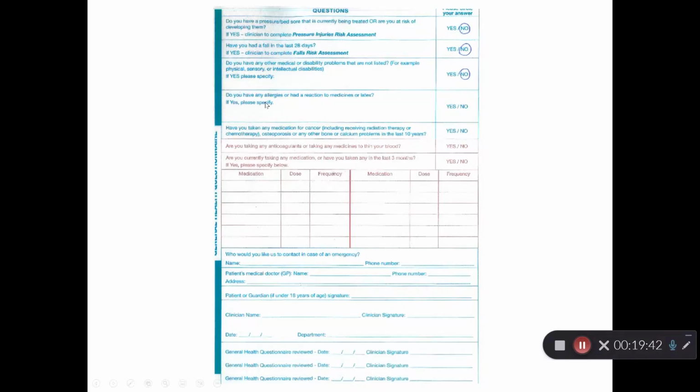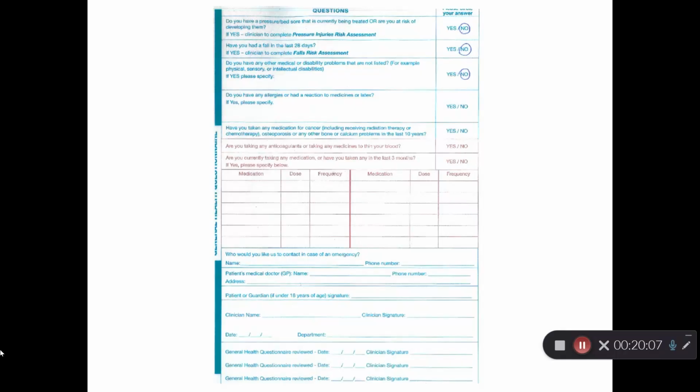Now, the next question, do you have any allergies or had a reaction to medicines or latex? So latex is specified. Remember, the sorts of things that we might have as latex in our practice. Gloves, well, we don't use latex gloves anymore. We're using the nitrile. But rubber dam, sometimes there's rubber.